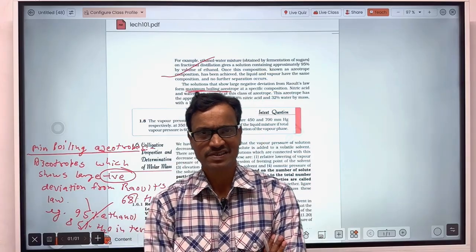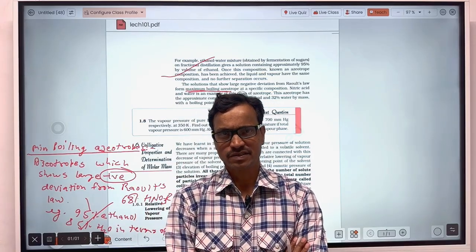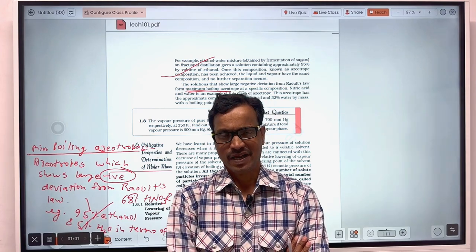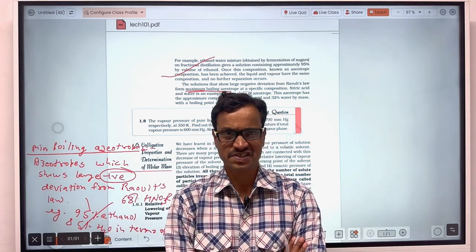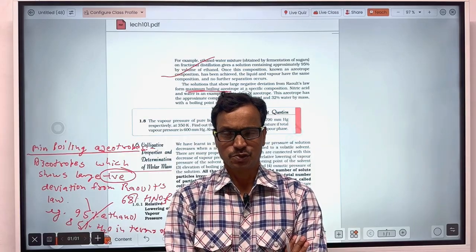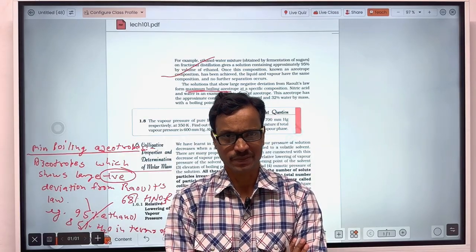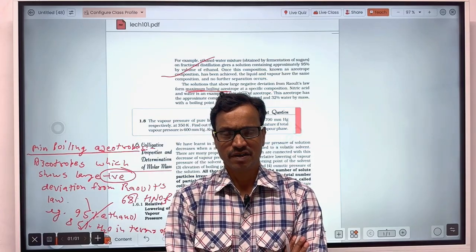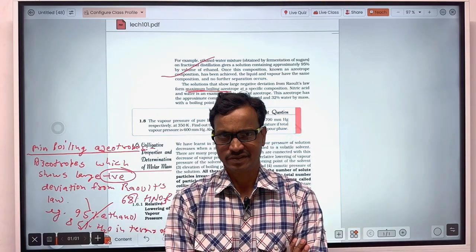Next type of solution is azeotropes. That is a special type of solution. At a particular concentration, the solution boils like a pure liquid. That is, that solution possesses a sharp boiling point.